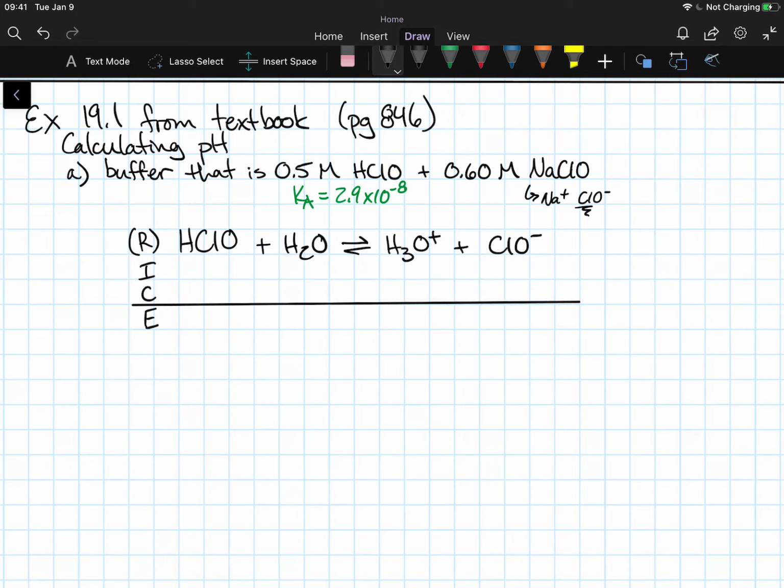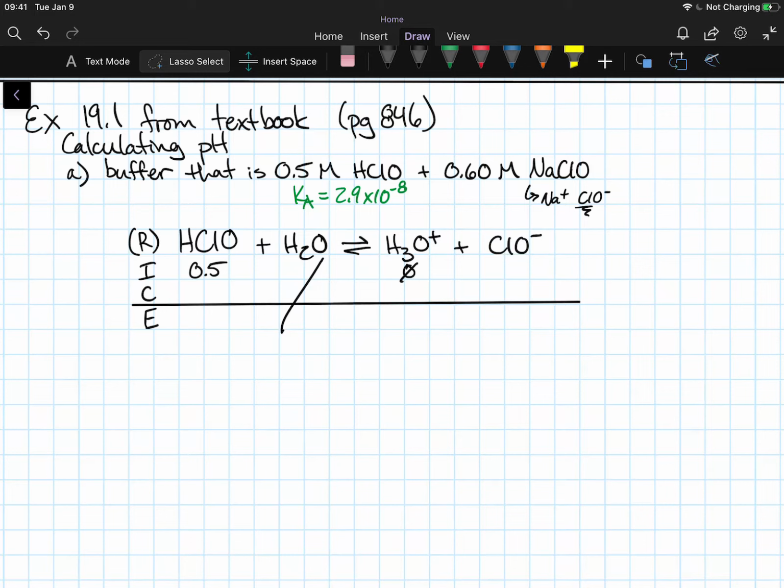And so we're given the initial concentrations already. We're told that the hypochlorous acid is 0.5 molar. There's still 0 H3O plus, but as opposed to most cases that we've done before, there hasn't been any of the ClO minus or any of the conjugate base.